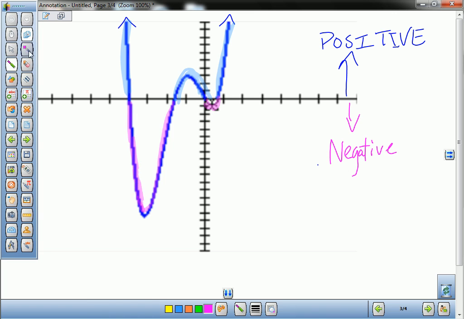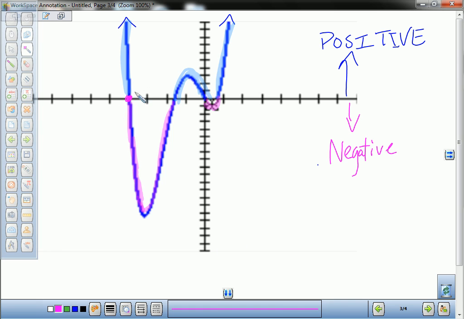So just like with intervals of increase and decrease, we're going to use these x values. Well, this one's pretty easy to see. Negative 1, negative 2, negative 3, negative 4. This x value right here is negative 4. This x value right there is easy to see. That one is 0. Now these two we're going to kind of have to guess, estimate what you would think these are.